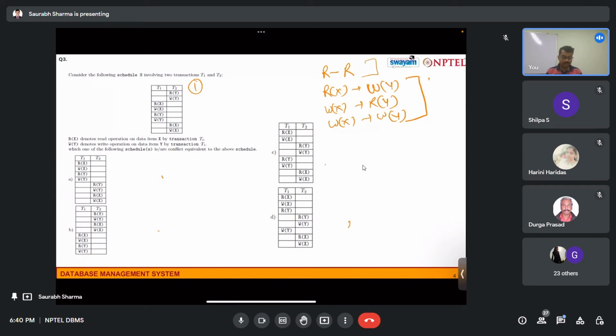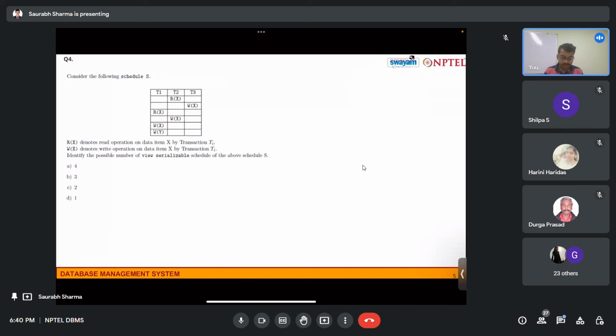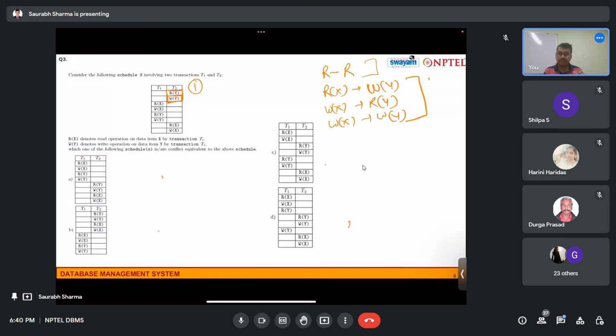Okay, let's get started. There is R2Y, W2Y. If there is a W on Y, the non-conflicting pair will be R of X, or anything on X, or anything other than Y. We can consider it for swapping.